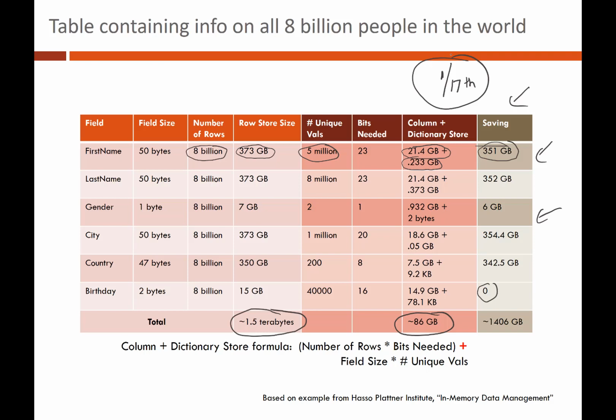Now that raises a question, who cares? Okay, you made it smaller. Well, when you make it smaller, now you can do some really interesting stuff. 1.5 terabytes is like going to have to go on a hard drive or some pretty large scale storage device. 86 gigabytes is something that you could probably put on cell phones these days.